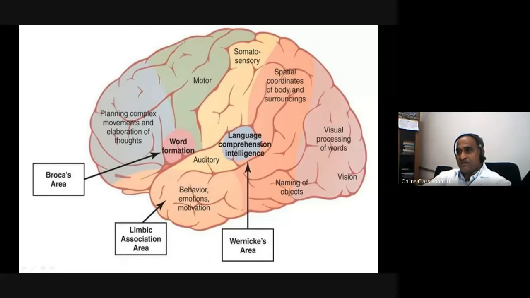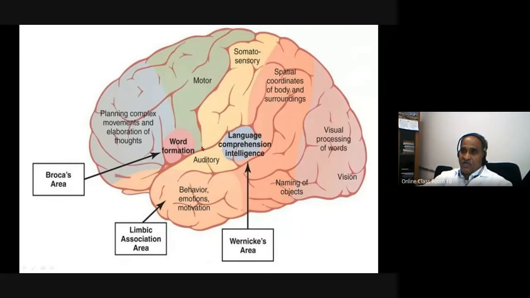And this area, the blue area here, is the sensory area for the language, the language comprehension, intelligence, and the speech. This is Wernicke's area. That will give you the language, the comprehension, and the intelligence. And this is the somatosensory association area, where we mentioned area 312. This is area 312 here.